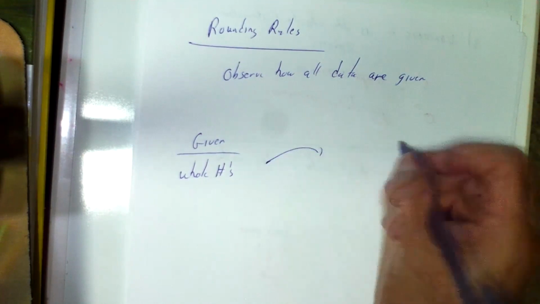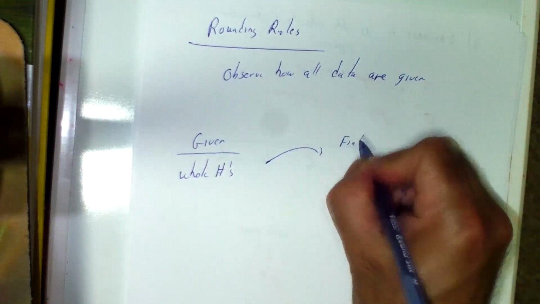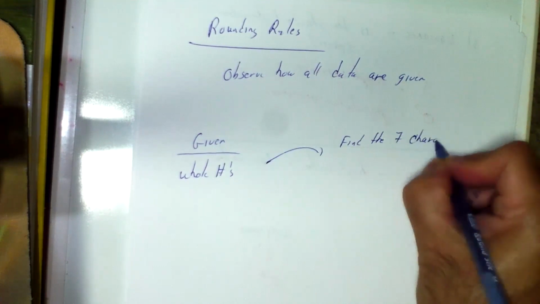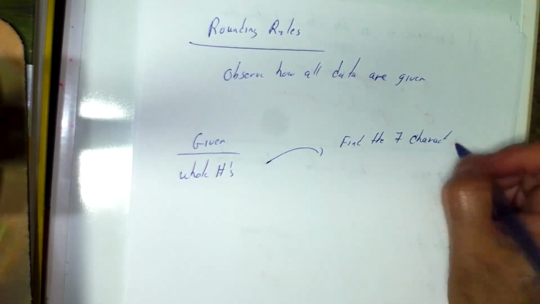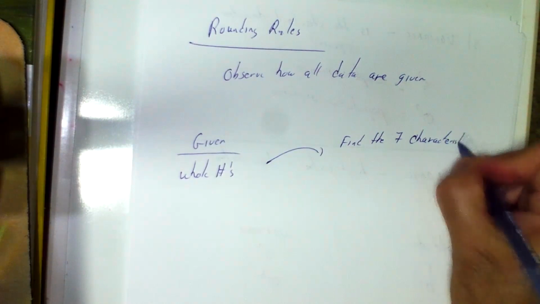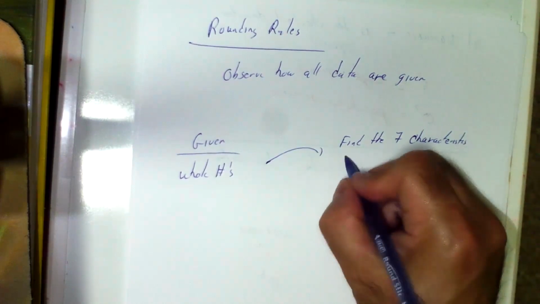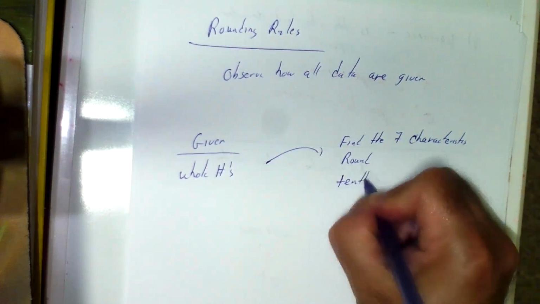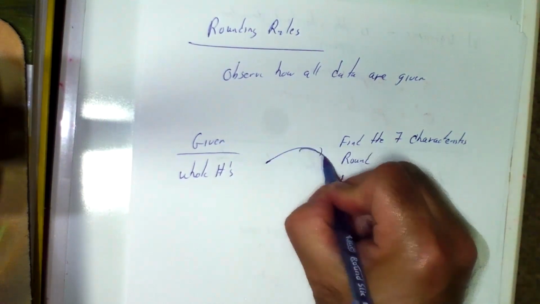So that means when you find the 7 characteristics, you're going to round to the tenths. That's how it works.